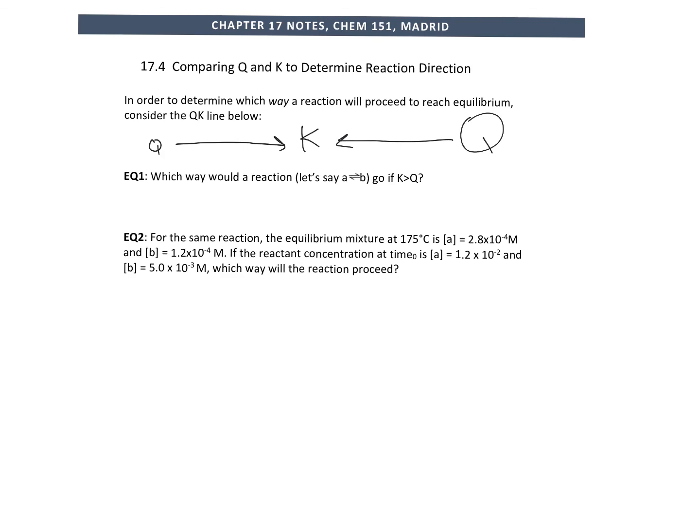Which way would a reaction, let's say AB, go if K is greater than Q? All we need to do is look up at the line above, and you'll see that when K is bigger than Q, so Q is smaller, like this, the reaction will proceed to the right.